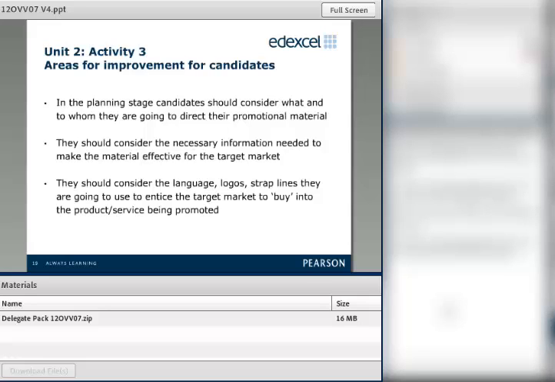That tends to mean that if they produce merchandise, like mugs or mouse mats, or at least those are slightly bigger so you can fit more information on, it makes it very difficult for them to include all the necessary information to make the material effective, because they can't show all the prices that are relevant to the target market they're going for. They can't really show how you can get in touch with the organisation, or maps, or details of how to get to it.